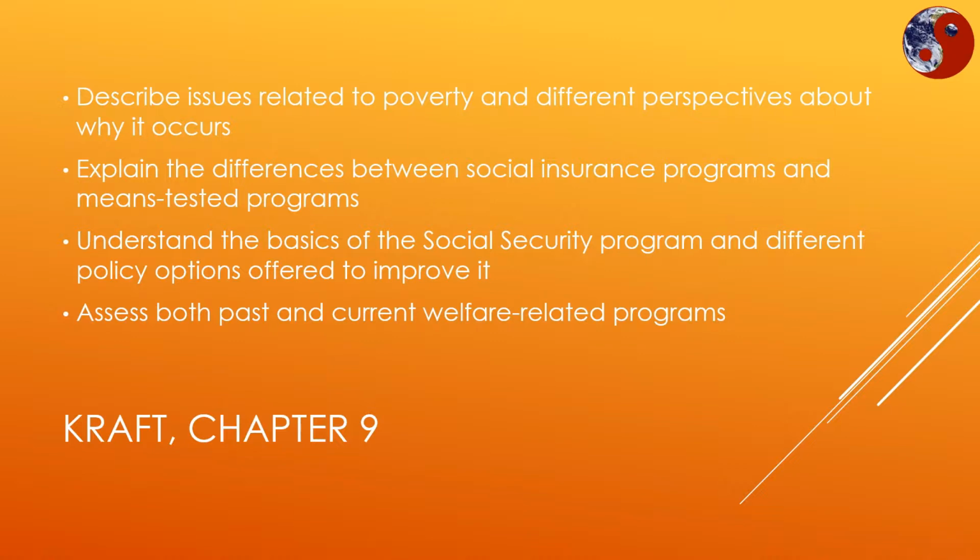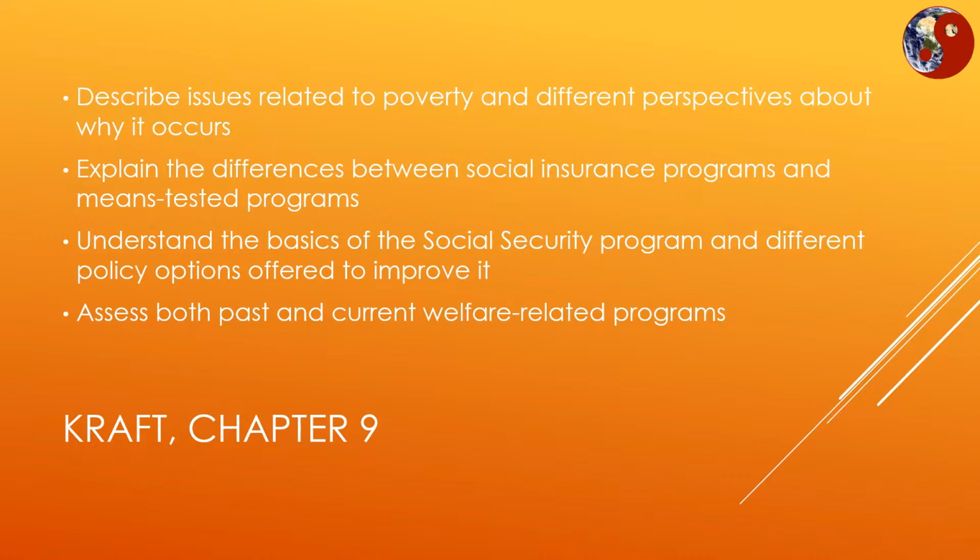Social Security's changing demographics are presented to illustrate the potential problems that programs may face in the future, especially its continued financial viability. The chapter then discusses other means-tested welfare programs, including the Supplemental Nutrition Assistance Program, the Earned Income Tax Credit, and the Personal Responsibility and Work Opportunity Act of 1996.